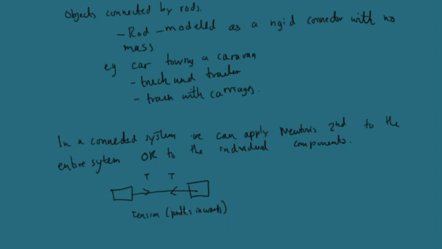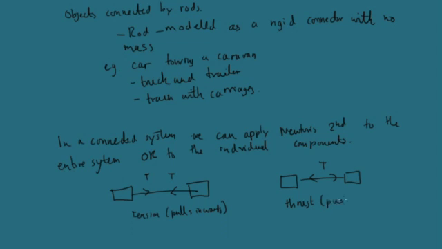In some situations, when you calculate the tension in the rod, you might end up with a negative tension, and in that case, we say there's a thrust.